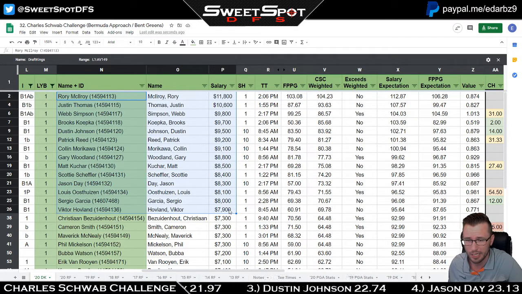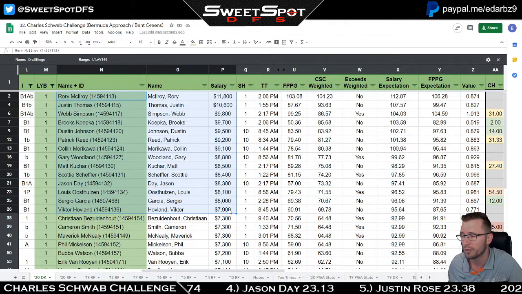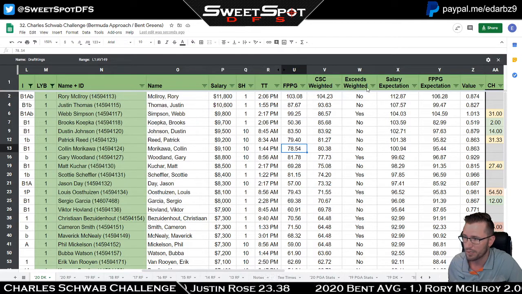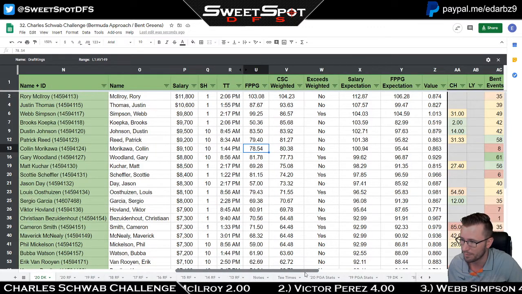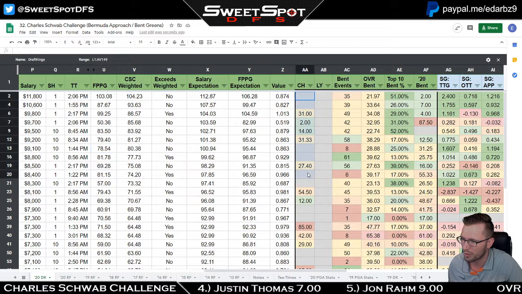Feel comfortable playing any of those golfers. Who do you cement your foundation with? That's the big thing. The only column I can think of doing this by is this exceeds the weighted score. Can't think of. And also looking at course history as well.